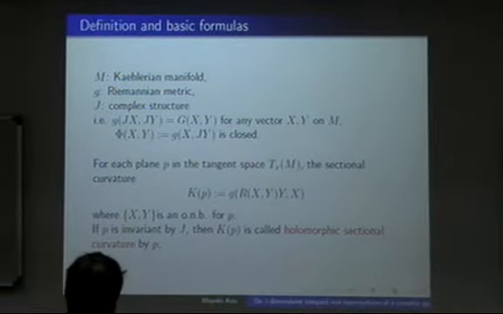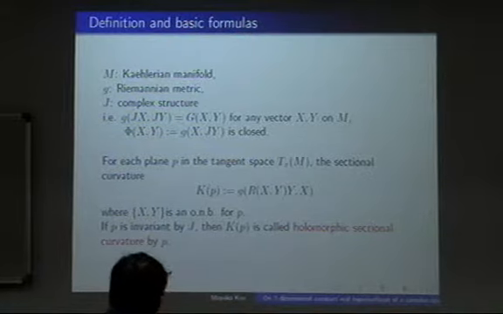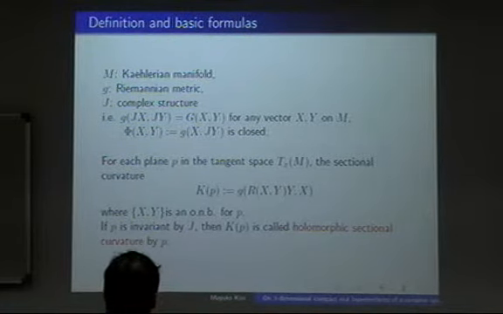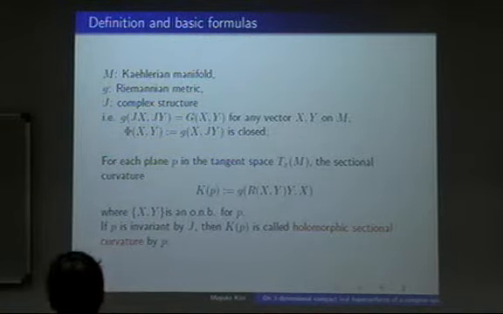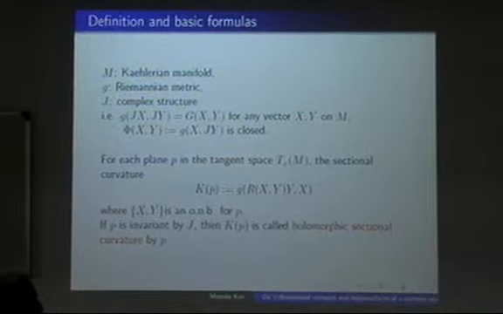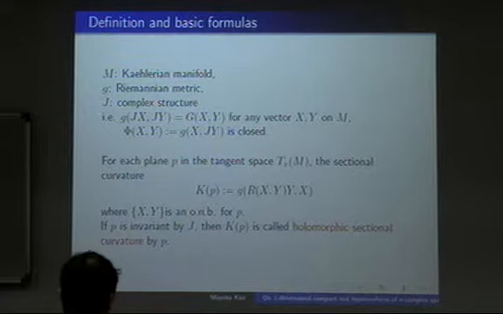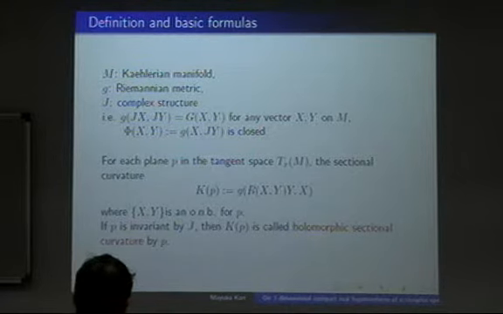First, we prepare some definitions and basic formulas. The definition of complex space form. M denotes the Kählerian manifold, g its Riemannian metric, and J the complex structure. That is, it satisfies this condition.